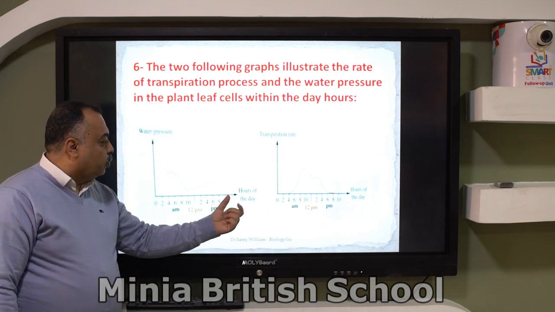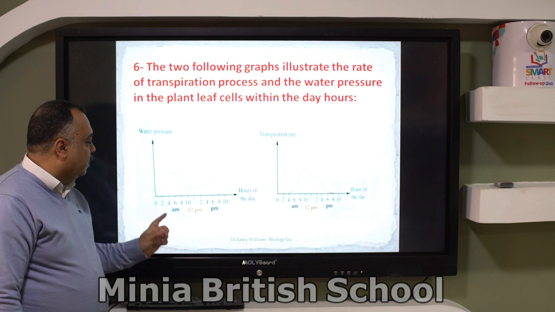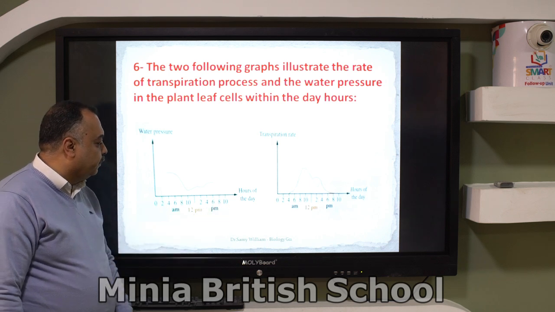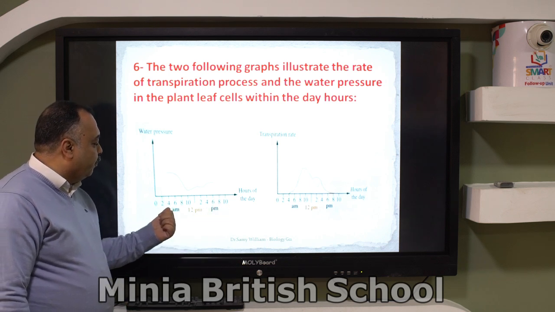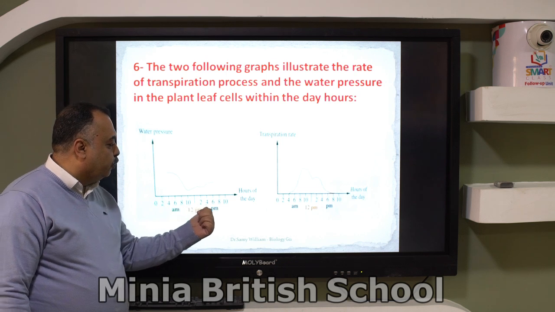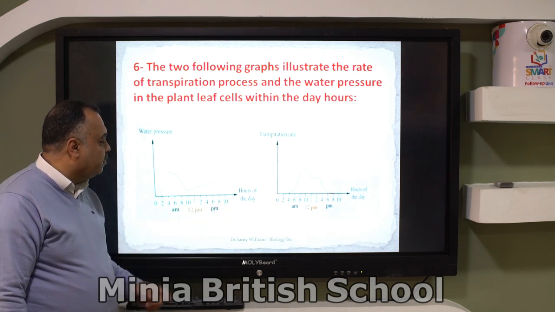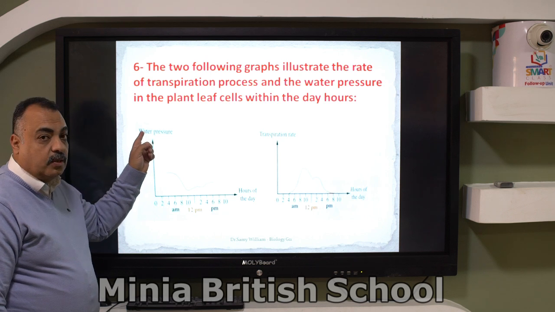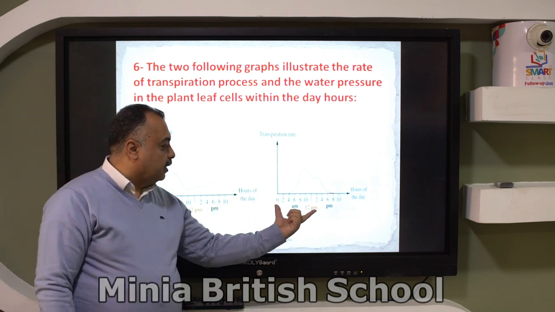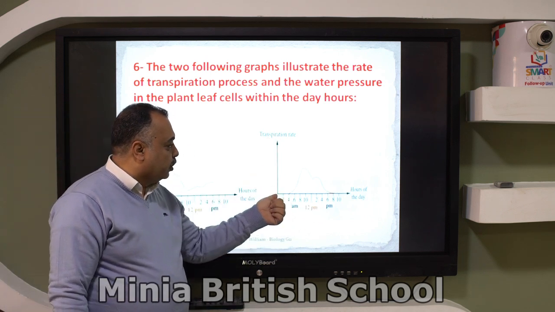On the x-axis, we see hours of the day from 2 a.m. to 6 a.m., then 2, 4, 6, 8, 10 p.m. And here on the y-axis is water pressure, and the same for the transpiration rates.